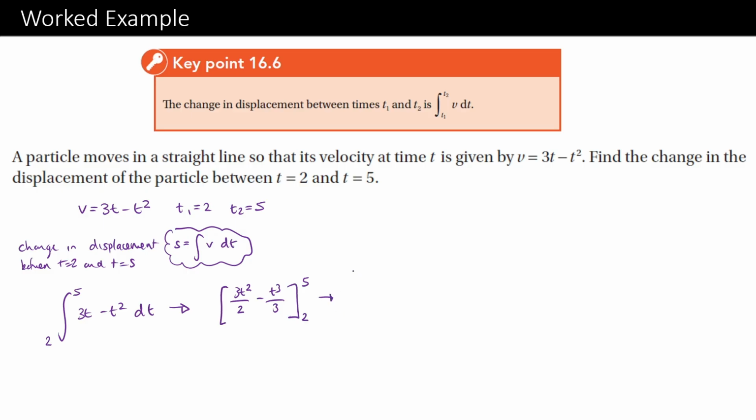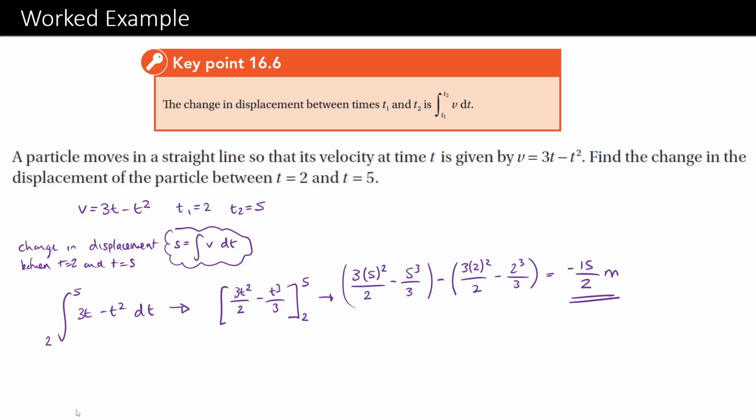So I get 3 lots of 5 squared over 2 minus 5 cubed over 3, minus, substituting 2 in, 3 lots of 2 squared over 2 minus 2 cubed over 3. If I type that into my calculator, I should get an answer of minus 15 over 2. And as it's a displacement, it's going to be in meters.